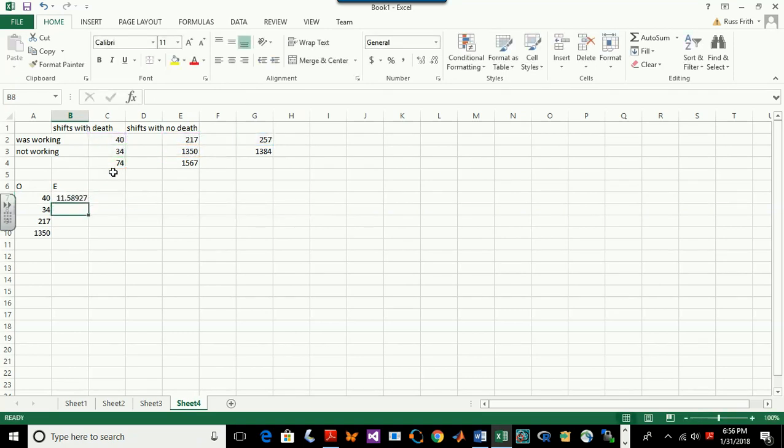Okay, so 11.59. For 34, the expected value would be 1384 times the column total, which is 74, divided by the grand total, which is that number.